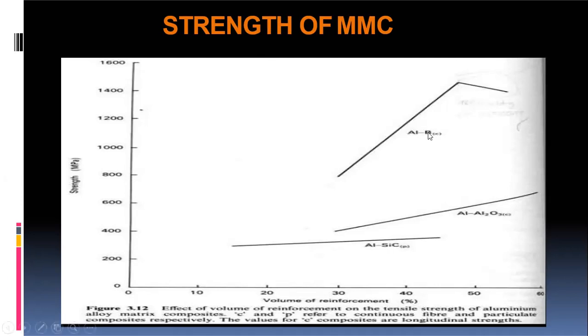Here we are taking three materials. First one is aluminum silicon carbide, second one is aluminum oxide, and third one is aluminum boron. So these are the three materials we are taking.